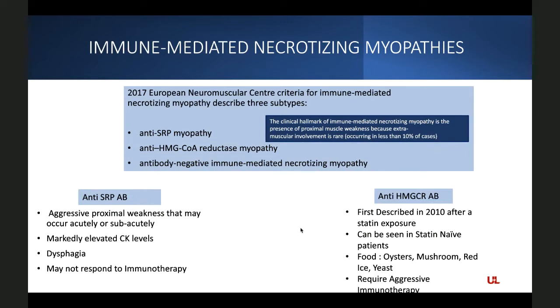There are certain foods which in day-to-day life expose us to statins. So we cannot completely say it's statin-naive, but you have statin exposure in oysters, mushrooms, red yeast. Identifying this set of myopathy is important because they are very aggressive and require aggressive immunotherapy right from the beginning.